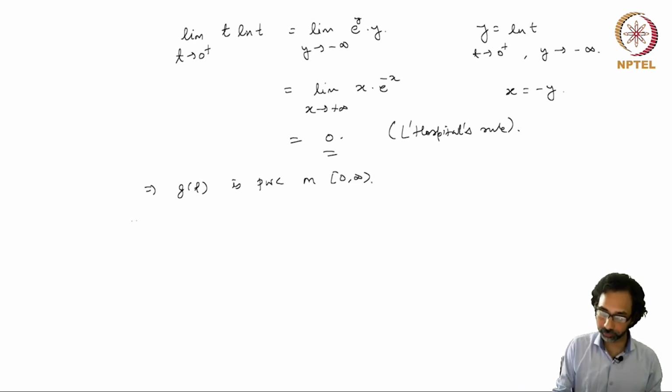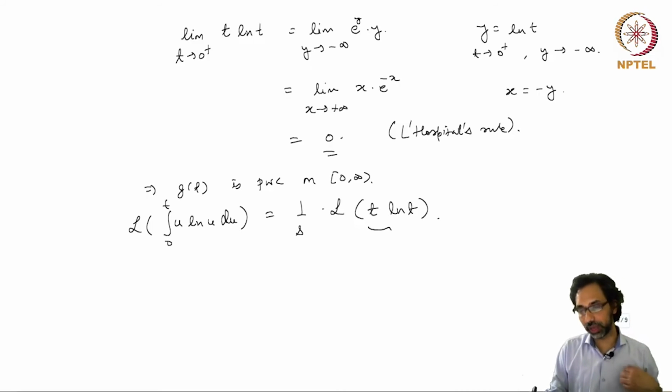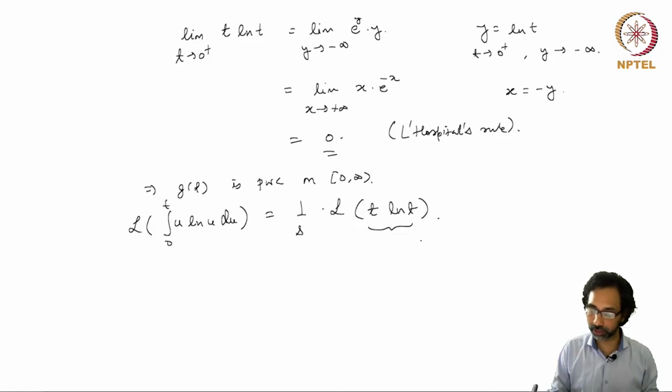Now we have to compute the Laplace transform of the integral from 0 to t of u ln u du, and this is nothing but 1 over s times the Laplace transform of t ln t. We haven't seen yet the Laplace transform of this function, so let's try to compute it.